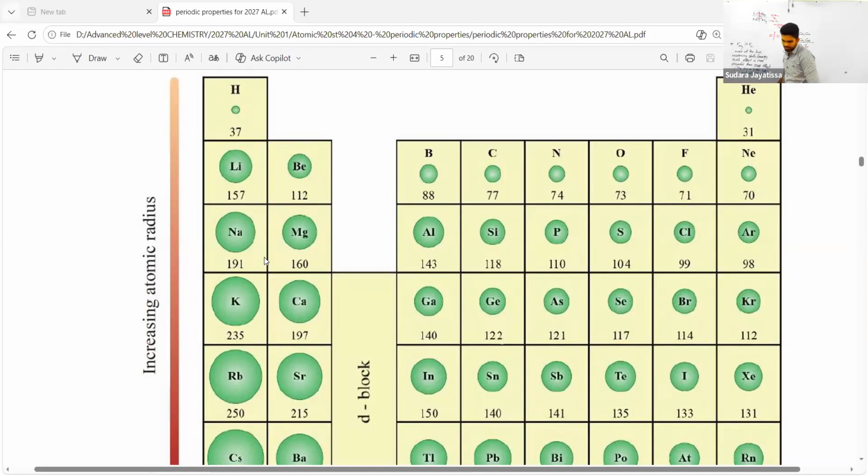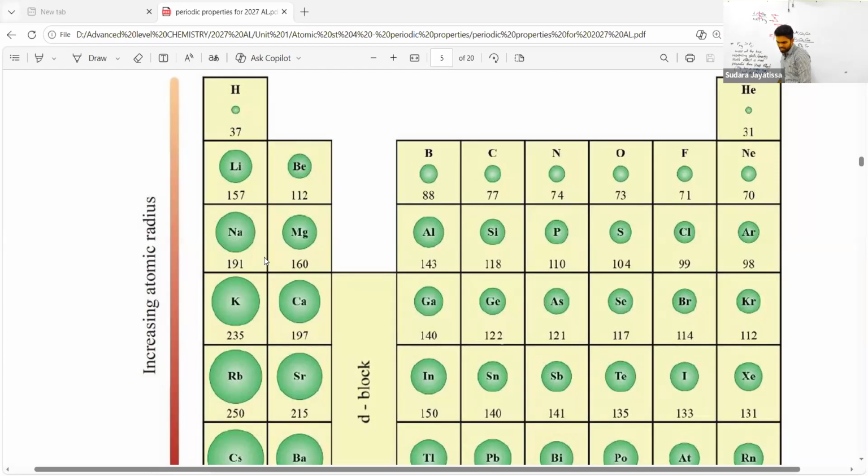And then gallium, germanium, indium, and tin. Those are equal, same. Then germanium, arsenic, tin and antimony, Sb. That is okay. Then arsenic, selenium, antimony, and tellurium.